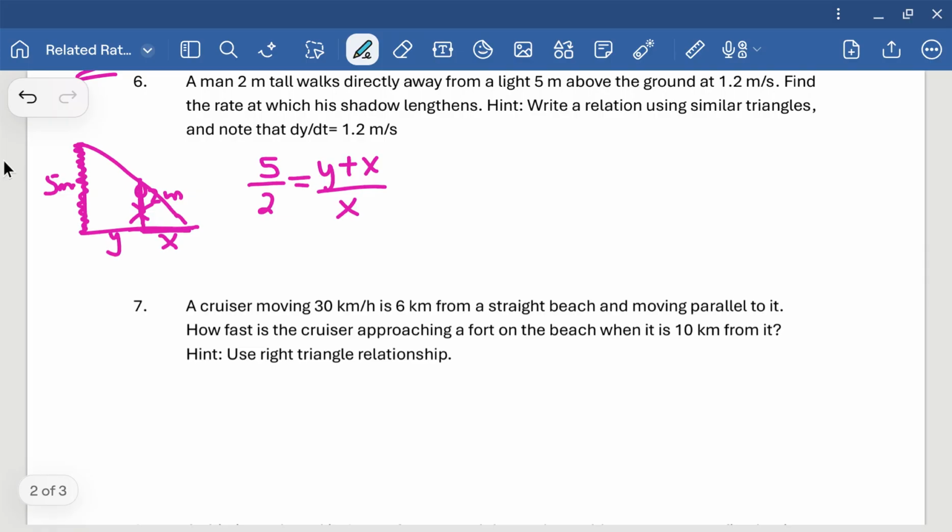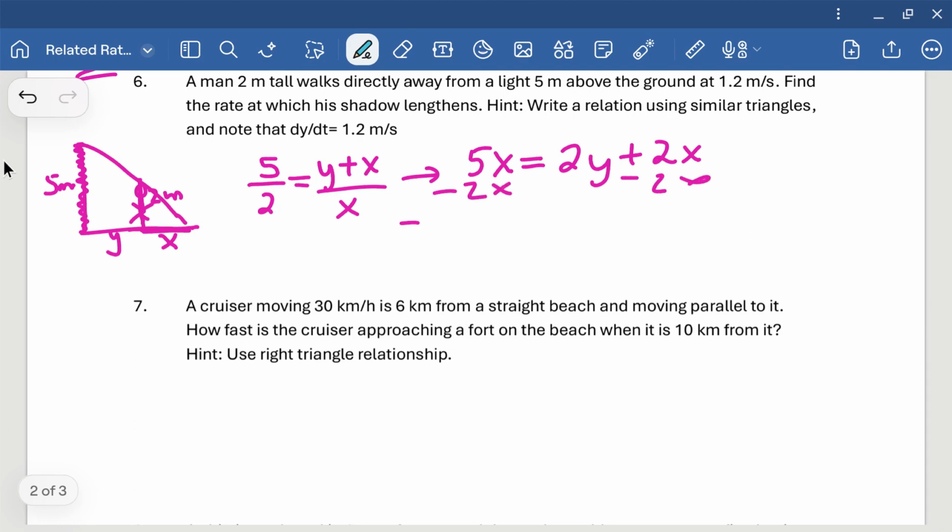And then we can get our system of equations by making this a little bit easier to work with, where you would have 5x, so multiply both sides by x, and then multiply both sides by 2. So we'll get 5x equals 2y plus 2x. Okay. Now we will isolate x, and when we do that, we'll move the 2x to the side.